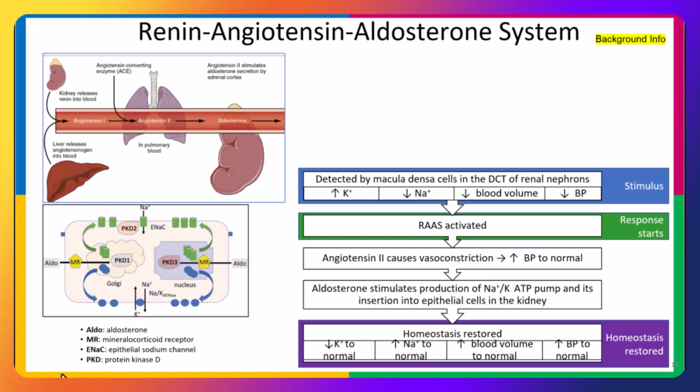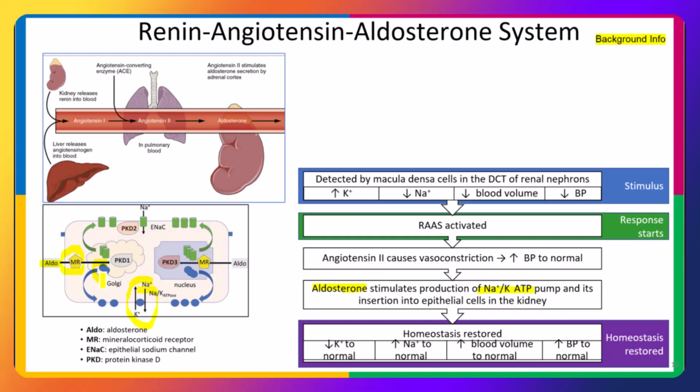Looking over at this image, a couple of things I want to point out. I said that aldosterone stimulates the production of sodium potassium ATP pumps. So here's aldosterone. This is a mineralocorticoid receptor, which ends up stimulating the production of these sodium potassium channels.